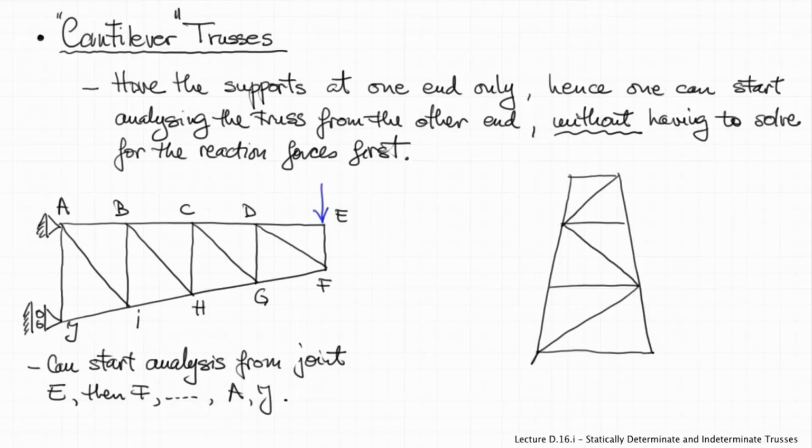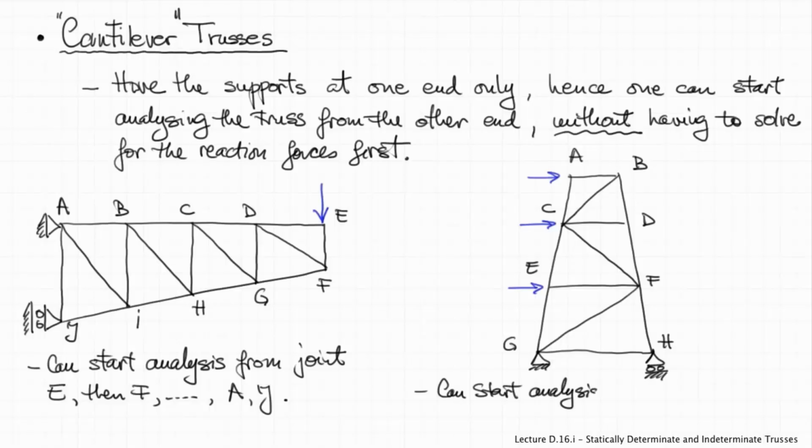Another type of cantilever truss is this one, a vertical one. It could be an electricity transmission pole, for example, or some other vertical structure supported at the bottom at ground level by a pin and a roller at G and H, with forces applied in this case at A, C, and D. So again, we don't have to start by solving for reaction forces at the bottom of this truss.